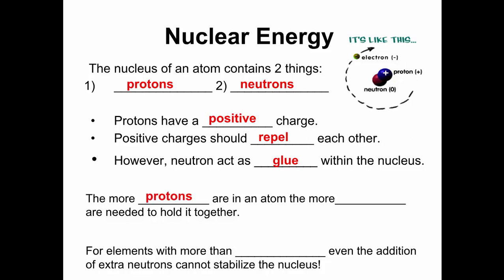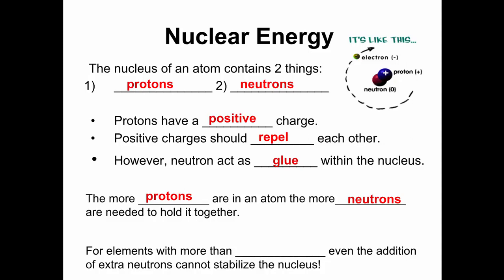So, the more protons there are in a nucleus, what do you think that means? More neutrons. Okay? Which makes sense, because as you look up the periodic table, things with an atomic number of 7 or 8 or 10 or 20 have larger numbers of neutrons than some of the lighter elements.